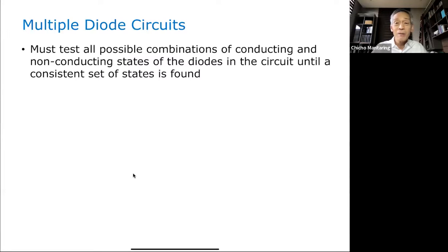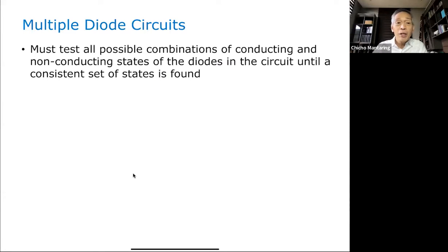So you have to test all 4 until you get a state where the behavior of the 2 diodes is consistent with each other. Your circuit, if it's just composed of diodes and resistors, can only exist in one state. So once you discover that state, that's the state of your circuit.